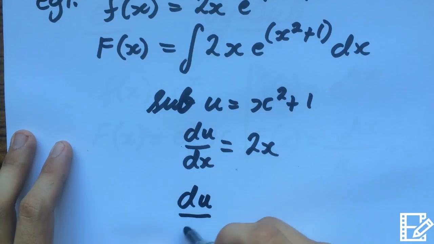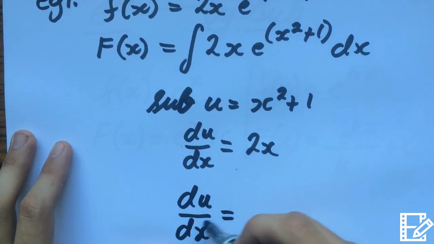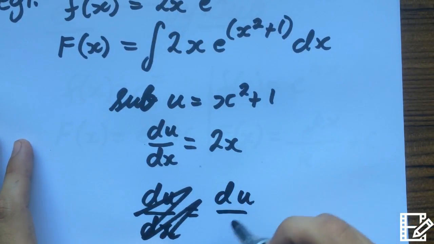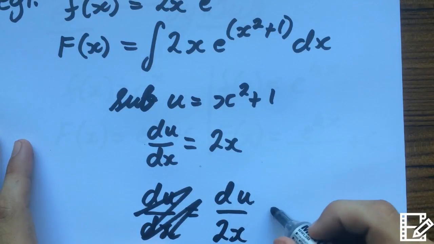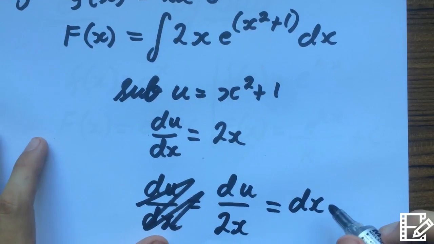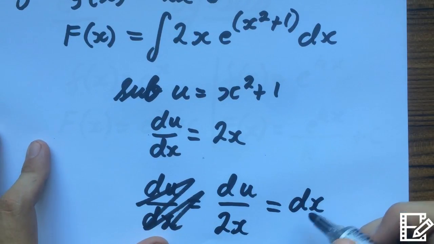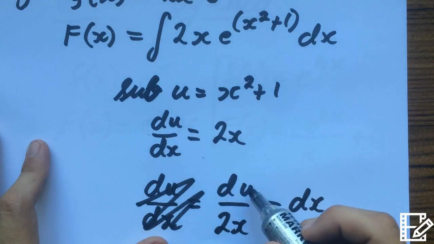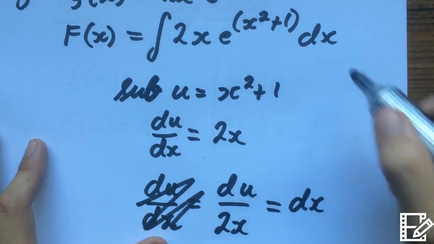And it will look like this. If you're paying attention, we have dx on its own. There's dx on its own up here. We can sub du over 2x for dx.